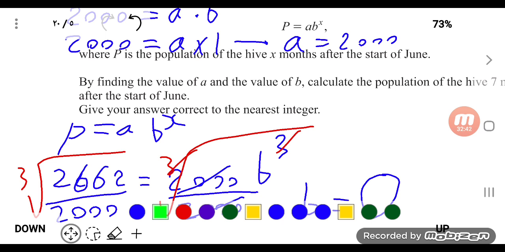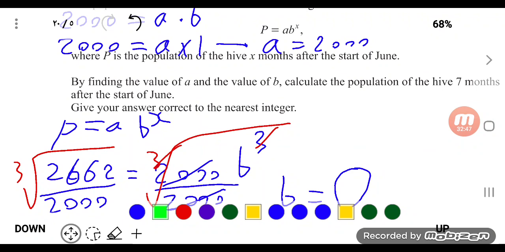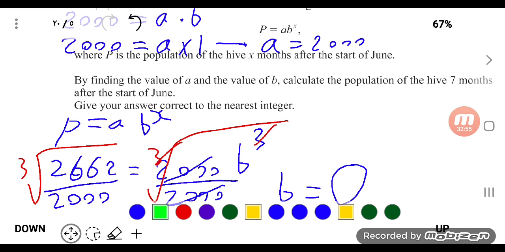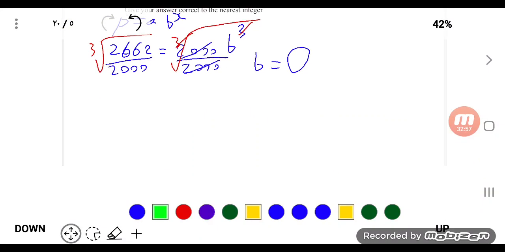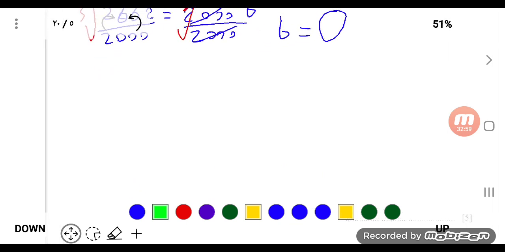By finding the value of A and B, calculate the population of the hive 7 months after the start. 7 months after the start means X has become 7 now. So to continue, X now is 7, and you have to find the population. So now the population, we don't have it, but X is 7.